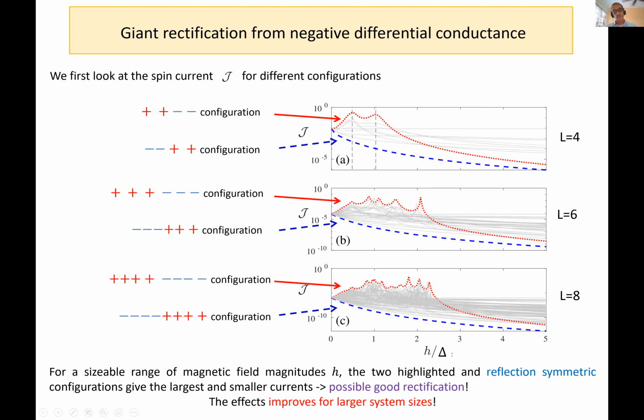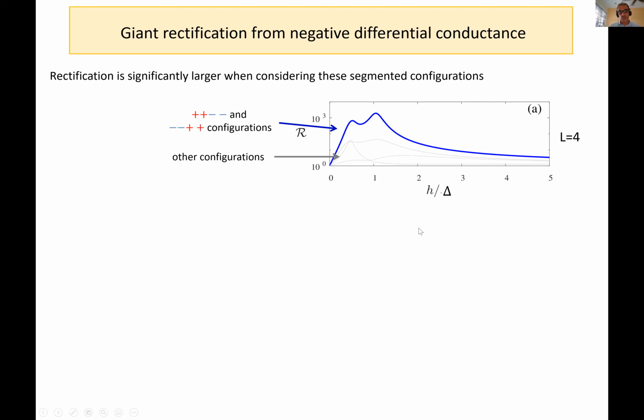So here we were looking at all the possible configurations. Now, if we take all the configurations and look at their rectifications, it turns out that the setup in which half of the magnetic fields are pointing up and half are pointing down corresponds to the scenario with the largest rectification overall.